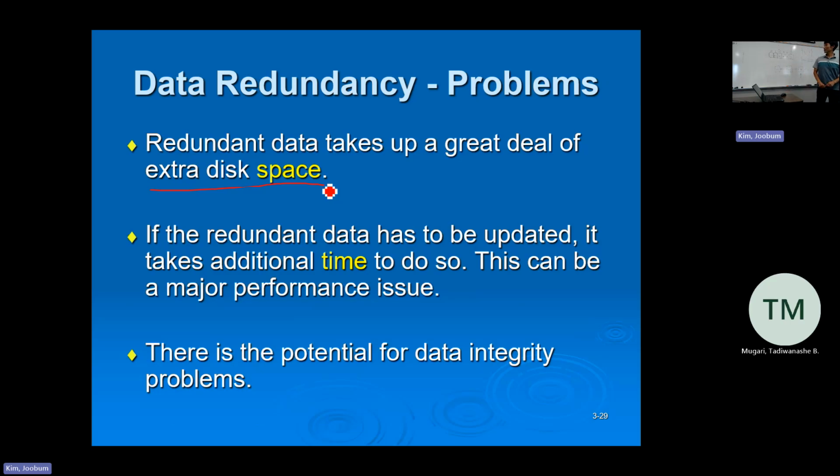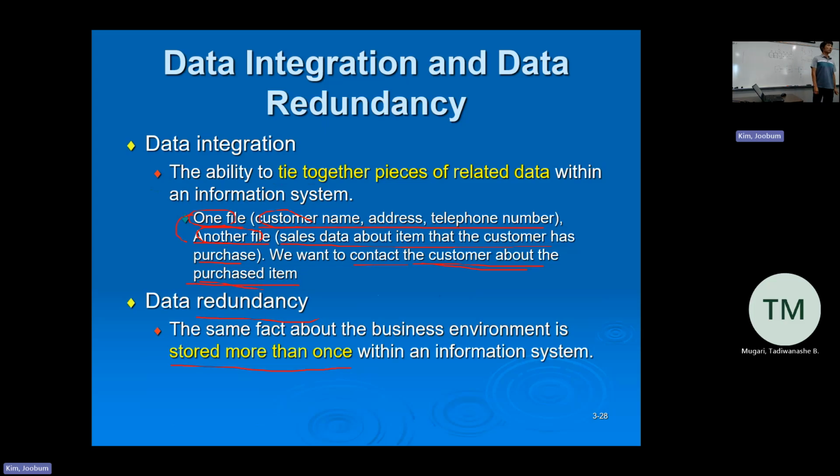Maybe 100 students' data doesn't matter. But with 1 million, 10 million, 1 billion customers' data we have to store and manage, if we have redundant copies of 1 million, 10 billion customer records, we need extra hard disk drives or extra SSDs, which is related to money.